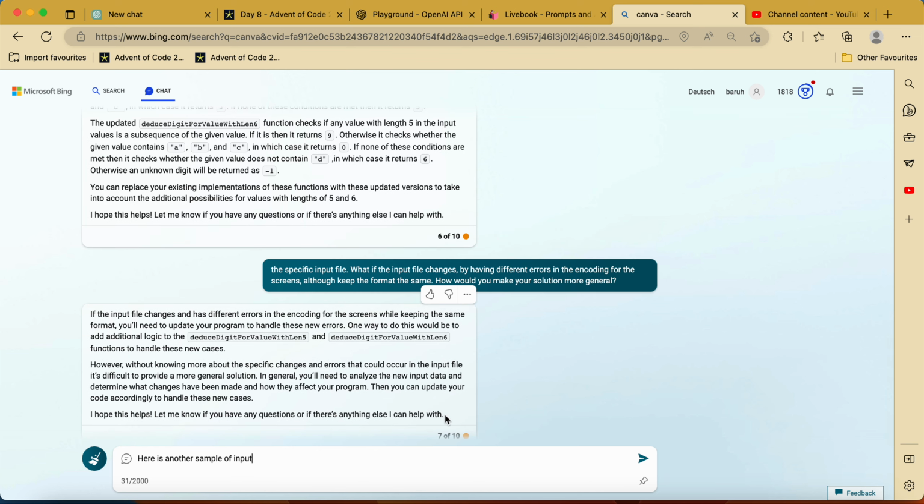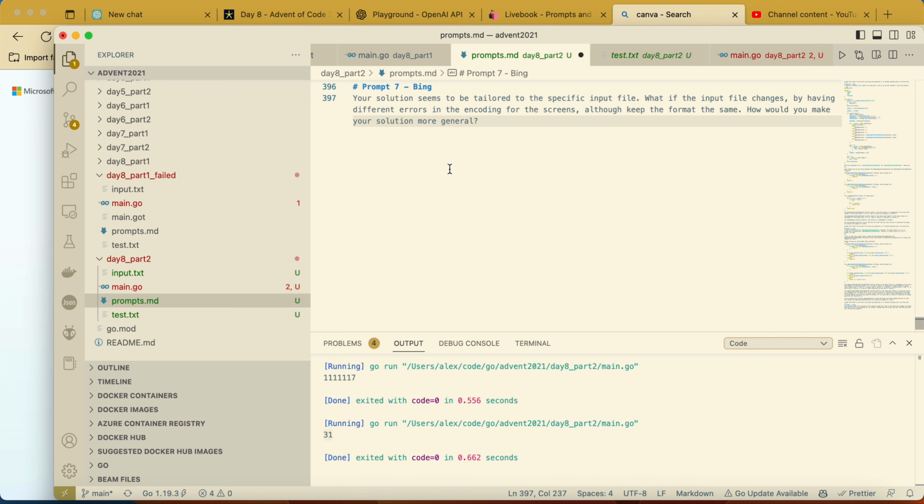Let me first copy this part because it's saying okay, you cannot do functions and so on. Fair enough.